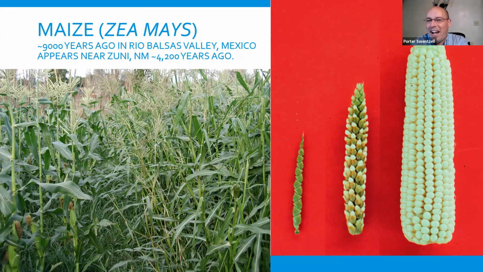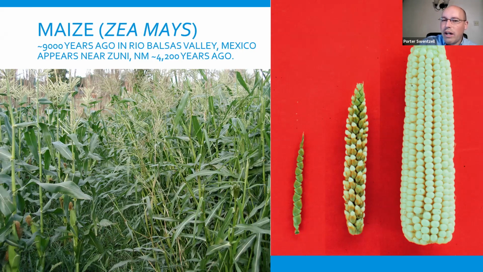So we have this 4,000 to 5,000 year time frame where maize is slowly moving up into this area. The earliest evidence for maize in the southwestern area is near modern day Zuni, New Mexico, and it has been dated to about 4,200 years ago. So by at least 4,000 years ago, corn reaches the Southwest.